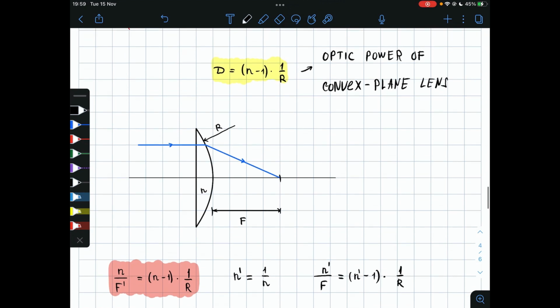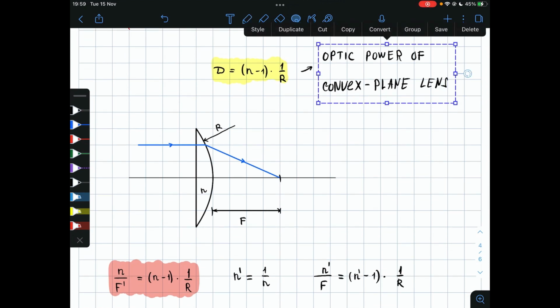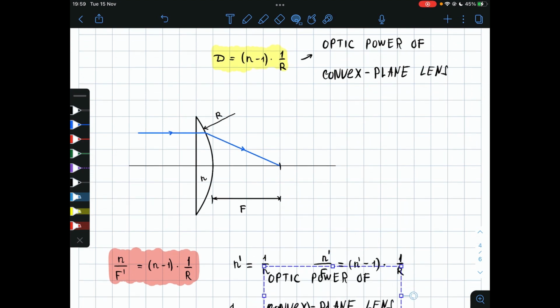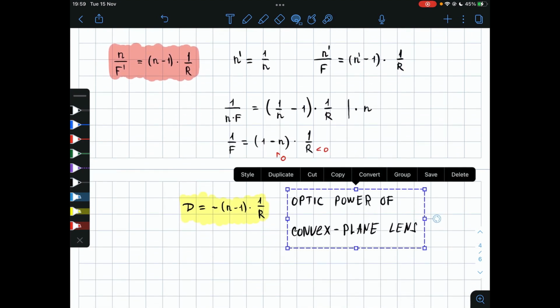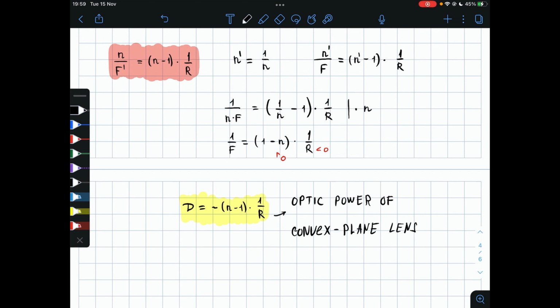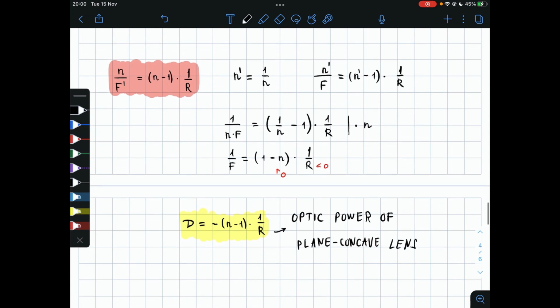Let me write it here as this one. It's nearly the same. I will duplicate it, but I will change the order of these words. So it's not convex plane, but plane concave. Plane concave surface. So this is our minus.